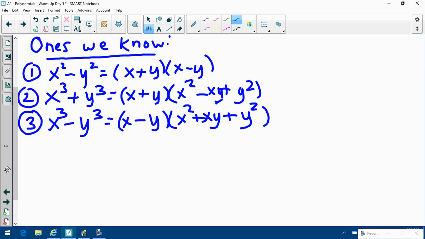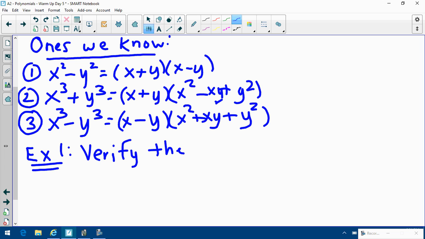Okay, so the first type of question you're going to see on the homework is actually pretty straightforward. It's going to just say verify the following identity.